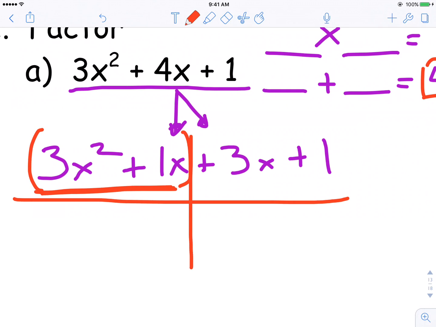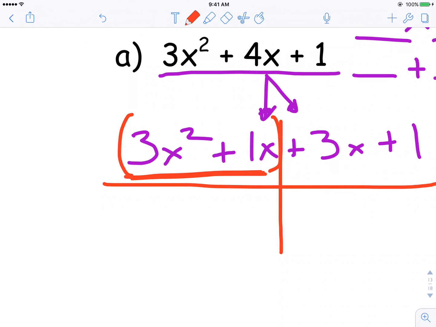And I go way back to what we learned in sections 3.1 and 3.2, and I find a greatest common factor. What's the greatest common factor between 3x squared and 1x? Well, it's just x. X goes into both of them. I never have to write the 1, so I'm not even going to write it.